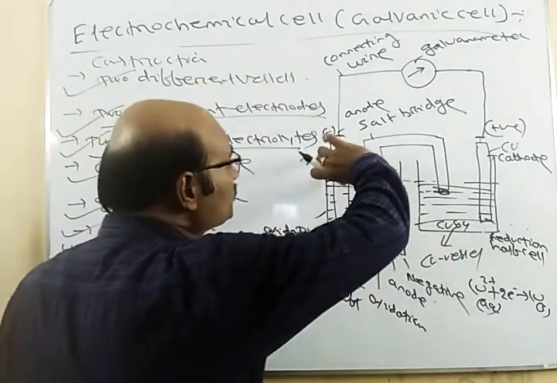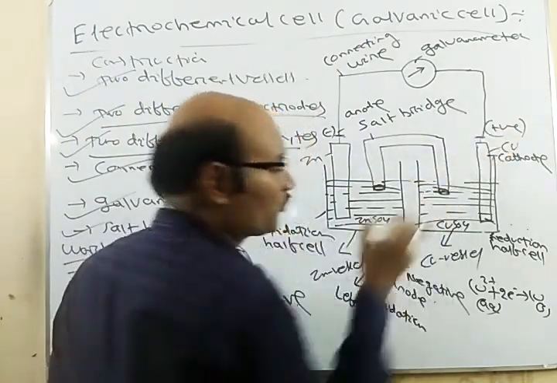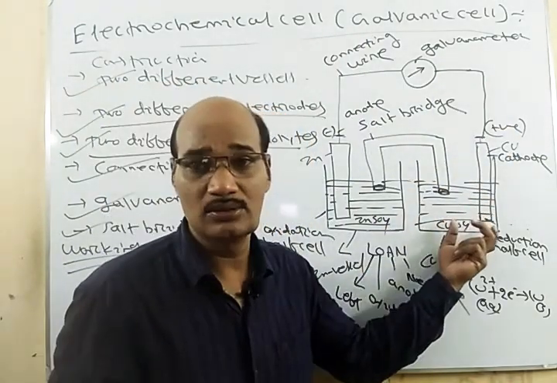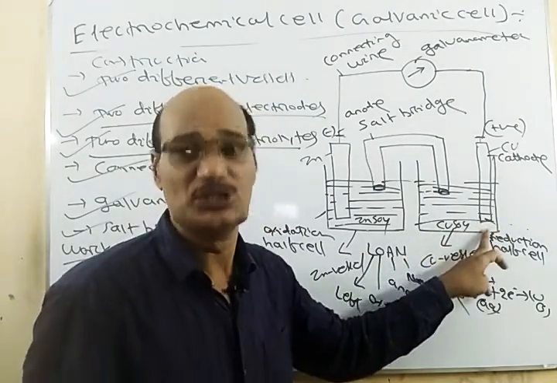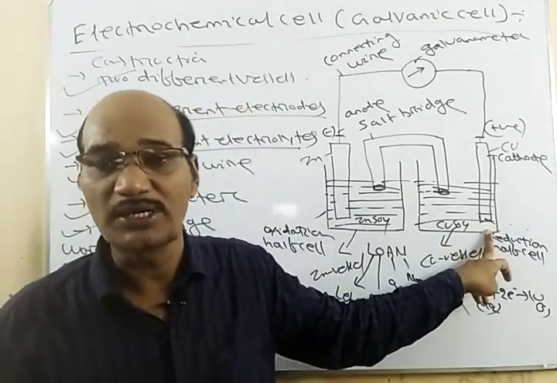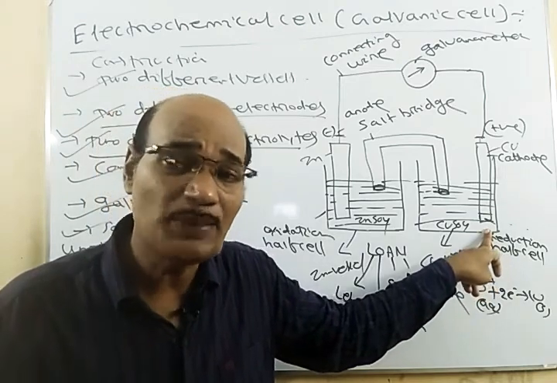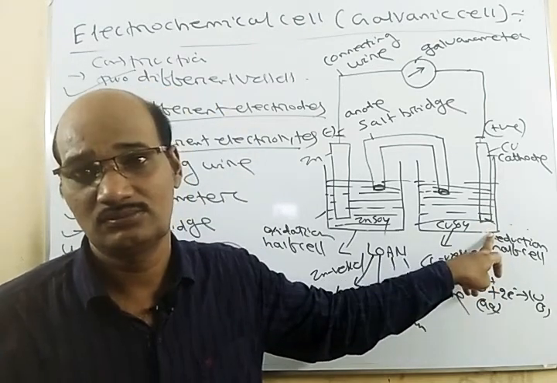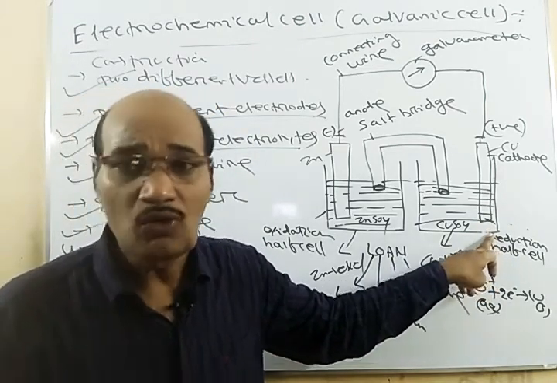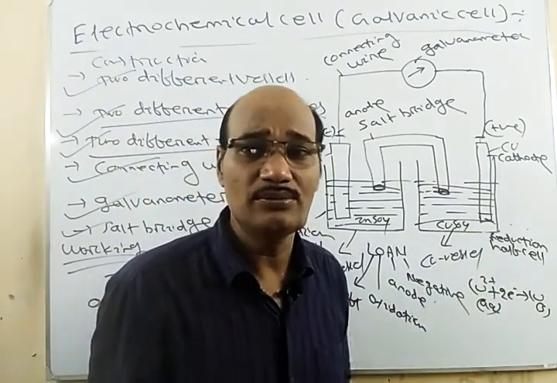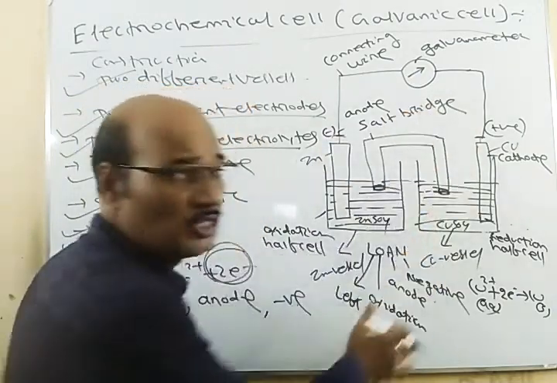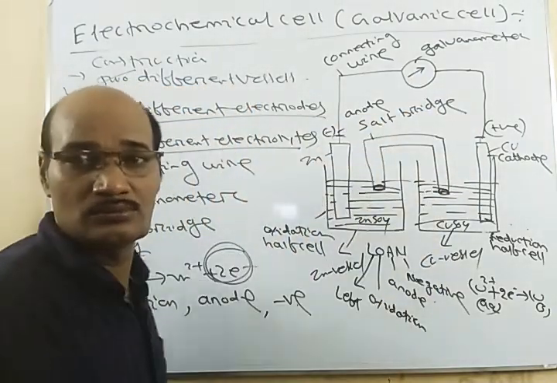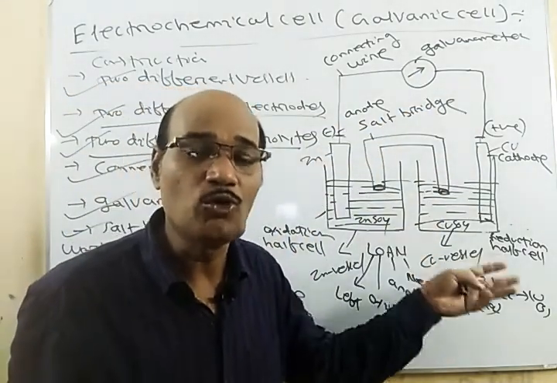When electrons are coming towards the cathode, they cannot be received easily because of the accumulation of negative ions here. After some time, the flow of electrons will stop, so the current flow will stop.